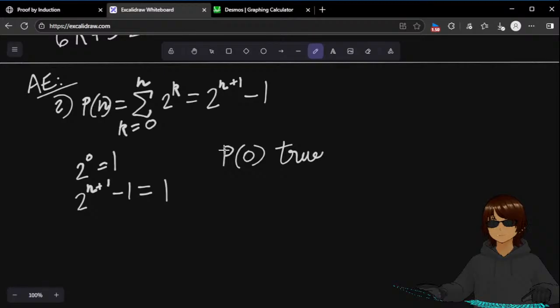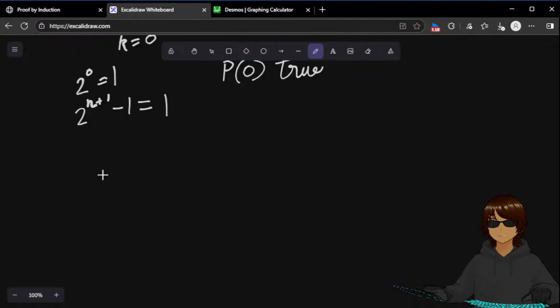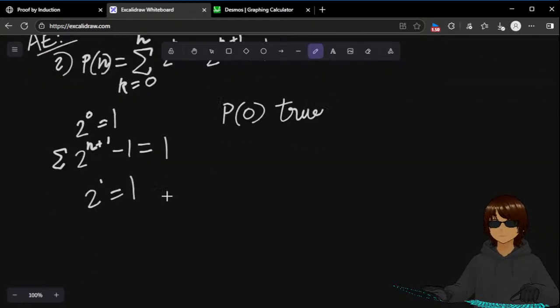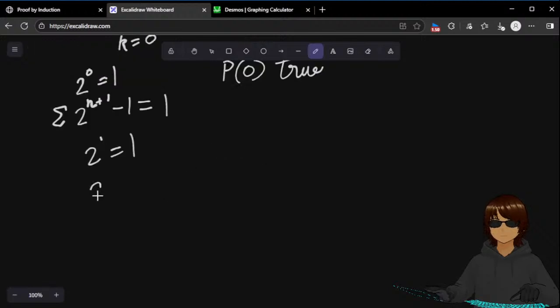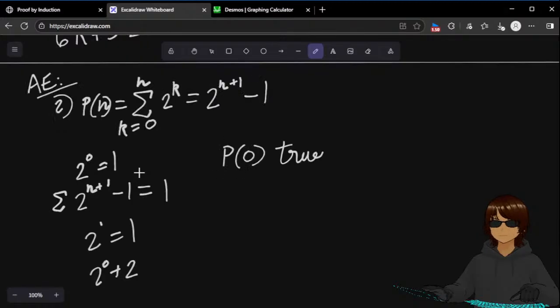P0 is true. 2 to the power of 1, 2 to the power of n plus 1. It has to be the sum. 2 to the power of 0 and 1, right?